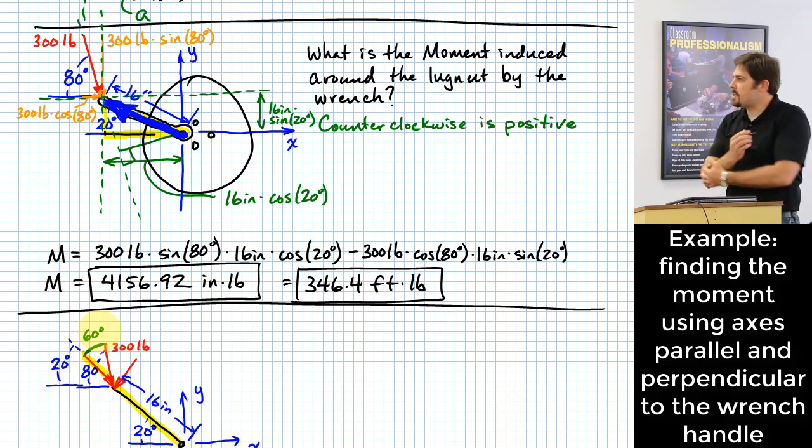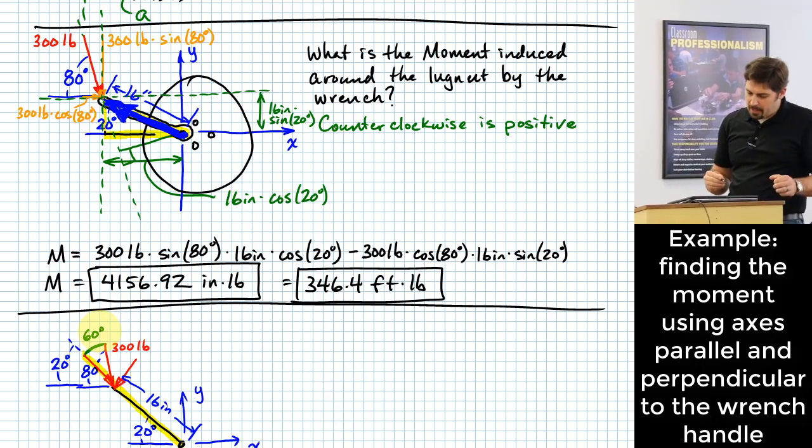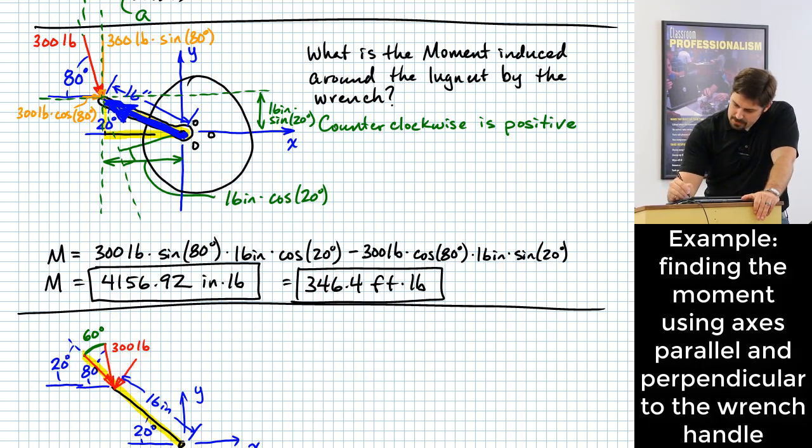Okay, so if that's 60 degrees, then how do I figure out my two components? What is this component over here? Should it be 300 pounds times what? Sine of what?